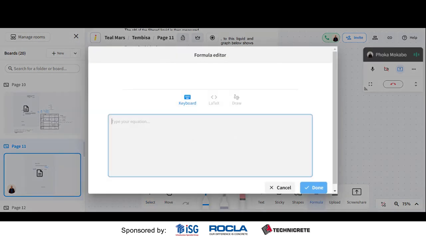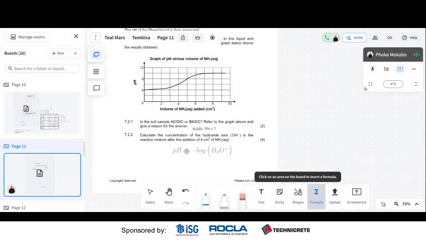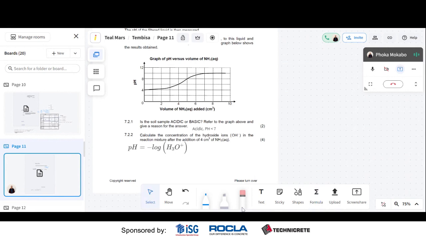Or if I quickly type out what I'm speaking of, the formula you're used to seeing is this. Unfortunately, we're not looking for the hydronium concentration, but rather the hydroxide concentration.